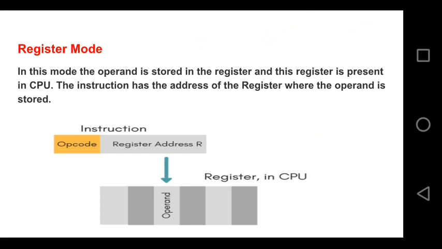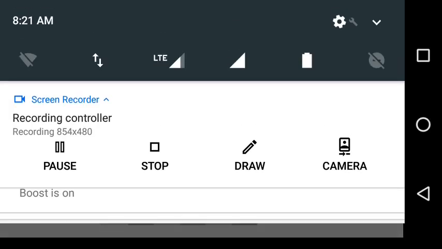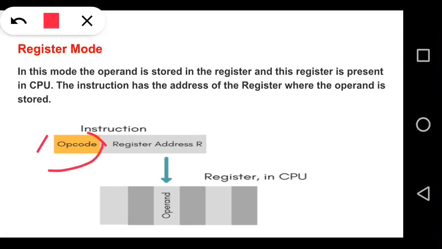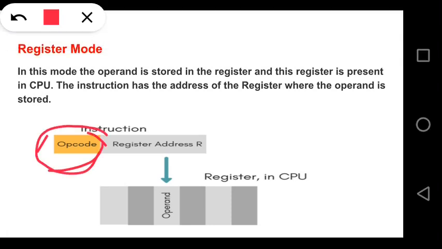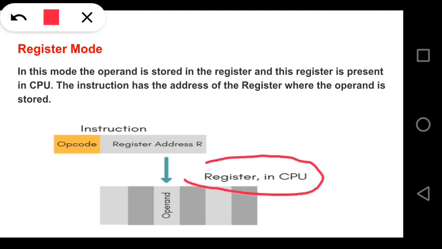By looking at the diagram, you can see how the instruction would be. This is the opcode part, and this is the name of the register or address of the register. That register is present in the CPU, so go to that particular register. Let's assume it is R. Just go to R, which contains the operand, and get the value.